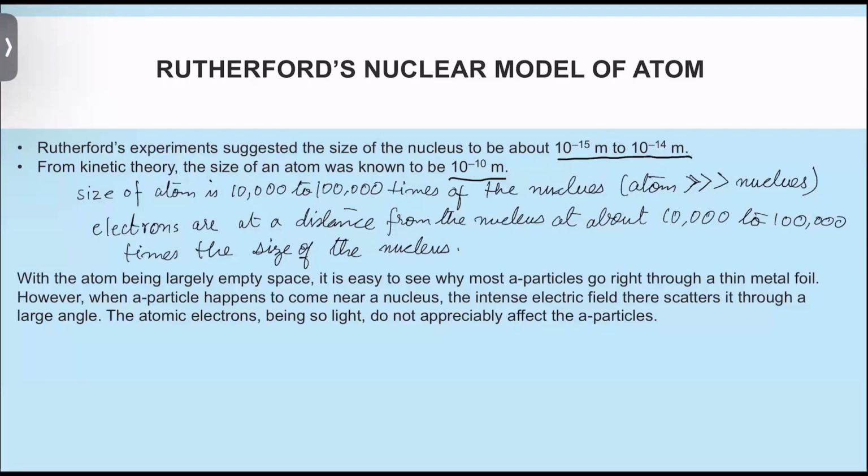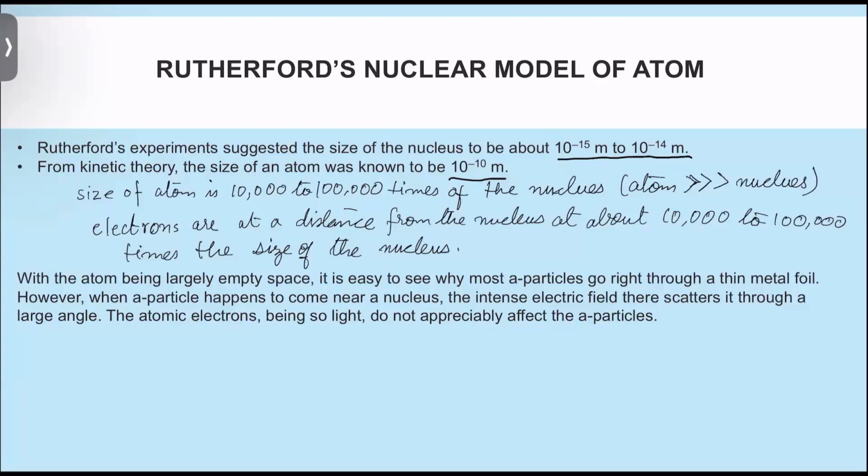So we can say that the atom has a lot of empty space. And if the atom has so much empty space, there are chances that some of the alpha particles crossing the thin gold foil would pass right through the foil because there is so much empty space within each atom.